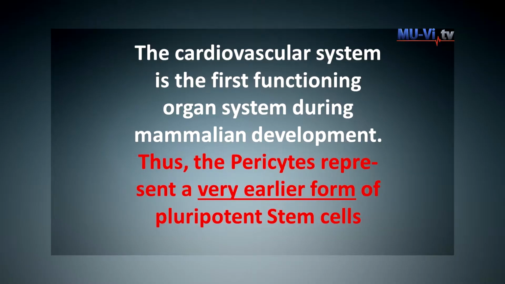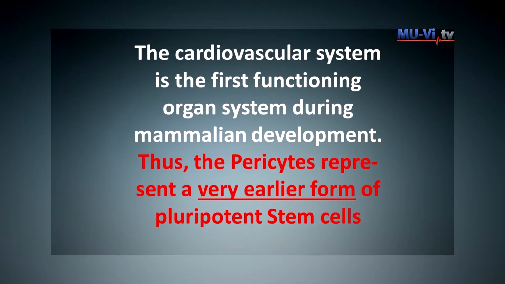Concerning the pericytes, it's very important to note that the blood vessel system, the cardiovascular system, is the first functioning organ system during mammalian development. That means that the pericytes, which are enveloped in the small vessels, are also a very early type of stem cells, which we will see where they originate.